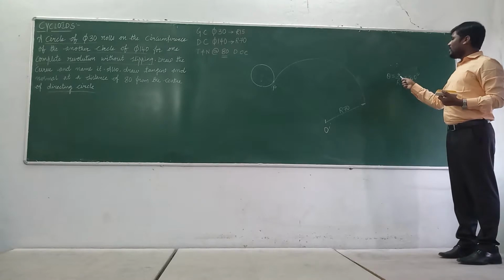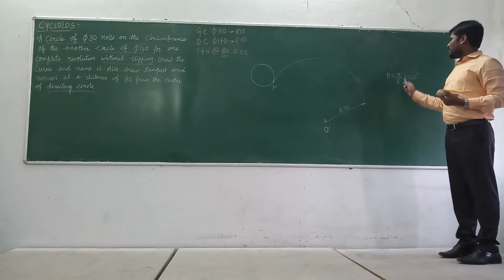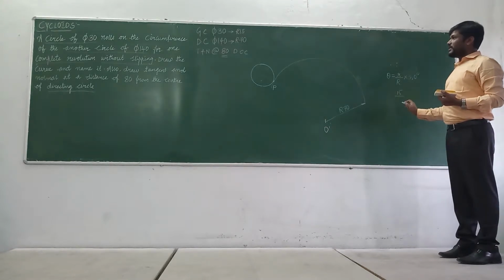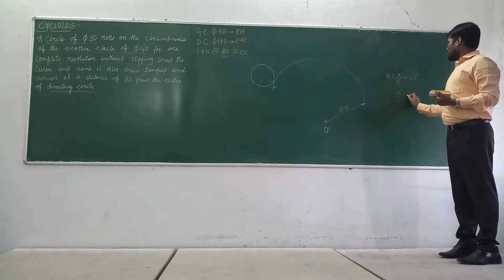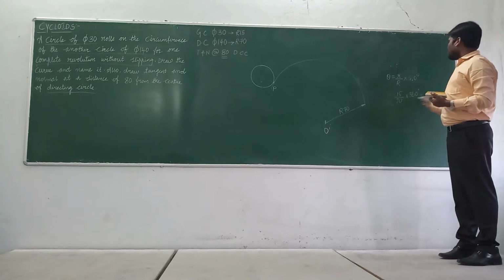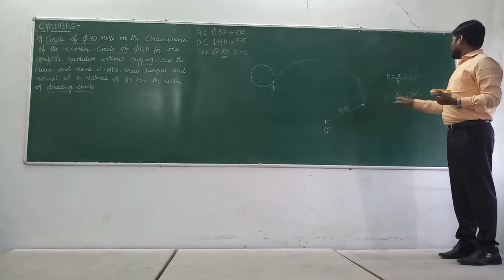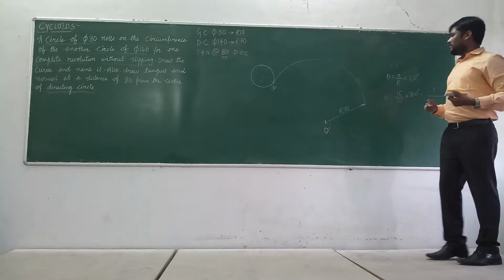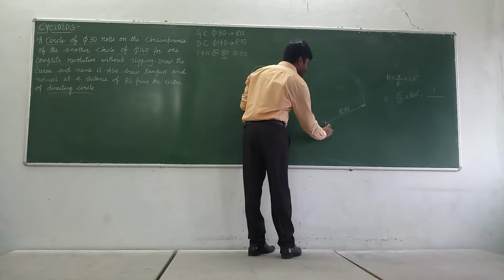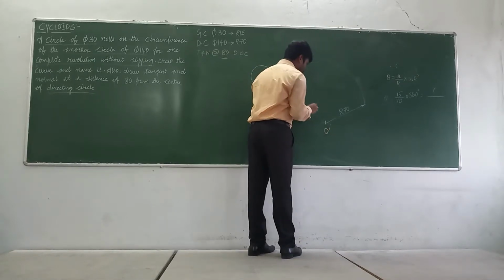I know the radius of the generating circle is 15 and the radius of the directing circle is 70, into 360 degrees. Dear students, using your calculator, you can find out this value. Whatever value you get here, taking the compass, place it on O dash and mark it, then join the end line.